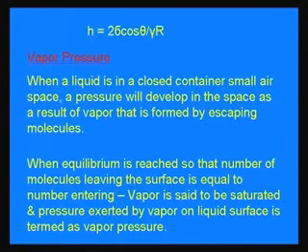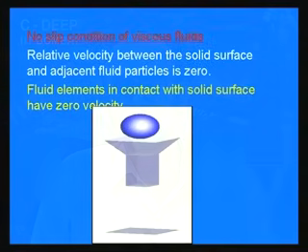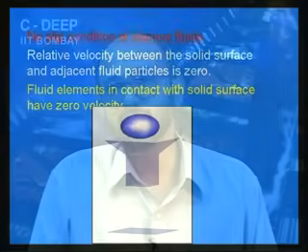This pressure is called the vapor pressure, and when equilibrium is reached, so that the number of molecules leaving the surface is equal to the number entering, the vapor is said to be saturated, and the pressure is exerted on the liquid surface. This vapor pressure is especially important for fluids contained in bottles or in pipes.